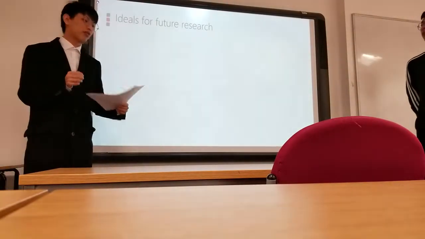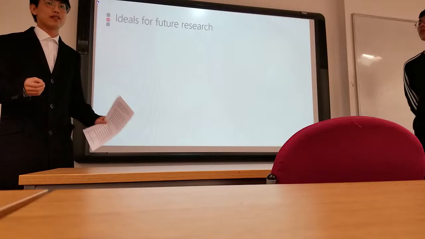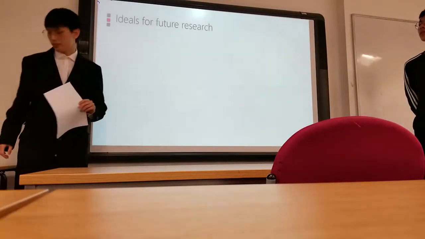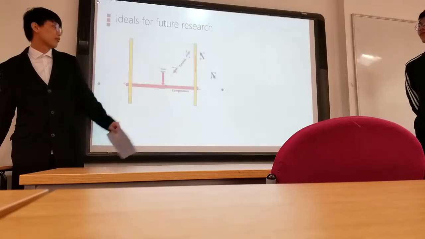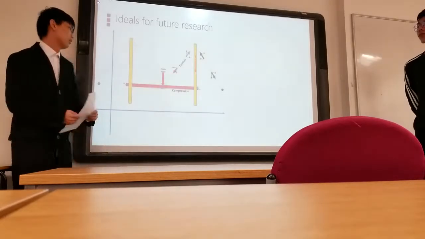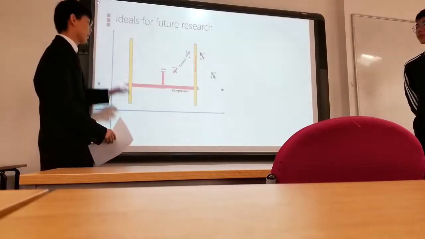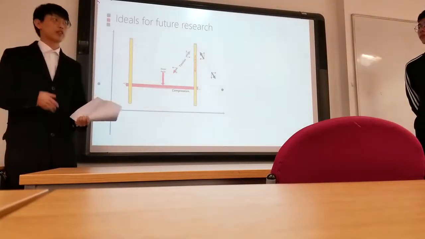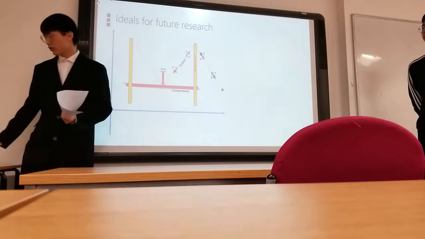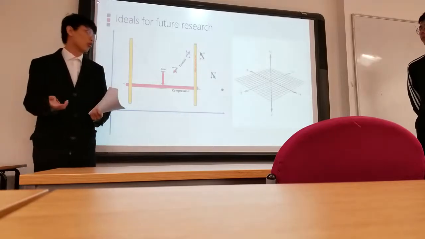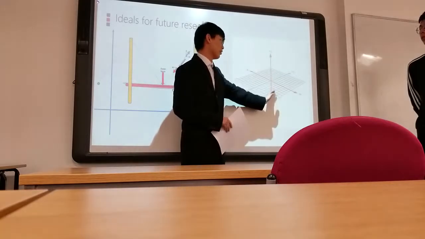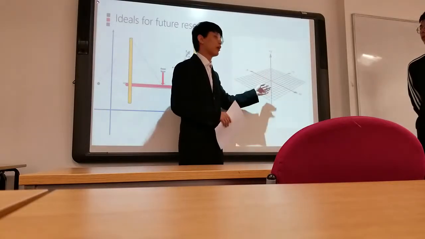The force analysis we discussed before was in two dimensions, which we call 2D. That is our force analysis picture, and we can put it on the x-axis and y-axis. But in the real world, we are in a three-dimensional world, so we need to consider another axis, the z-axis.